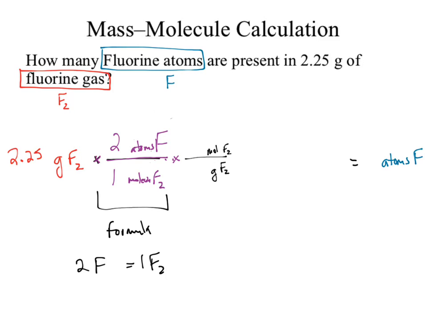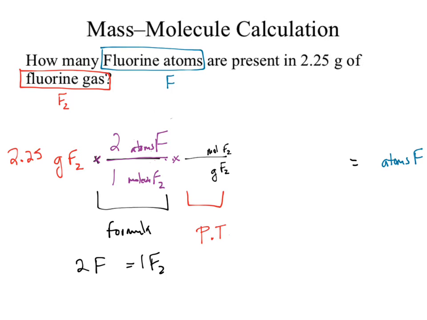Where do I find the conversion factor between the moles of F2 and the grams of F2? Grams. Gram is a measure of mass. Mass, moles, molar mass, which is found on the periodic table. No Avogadro's number.